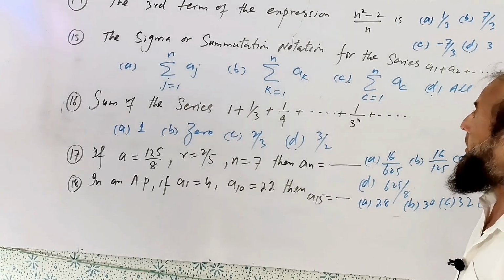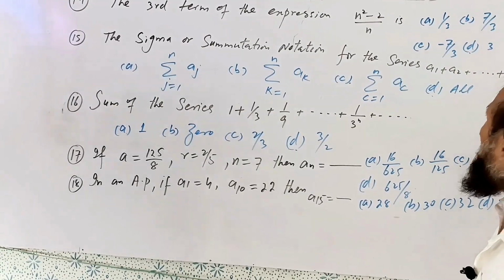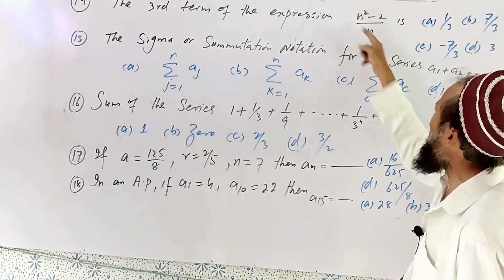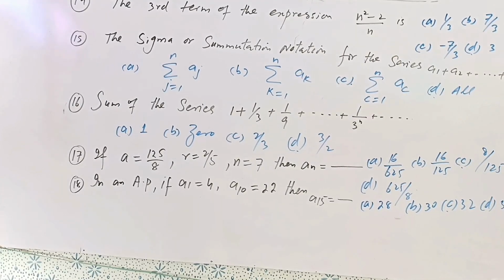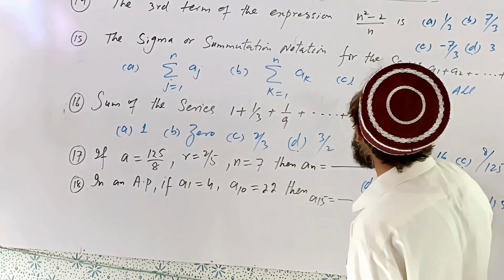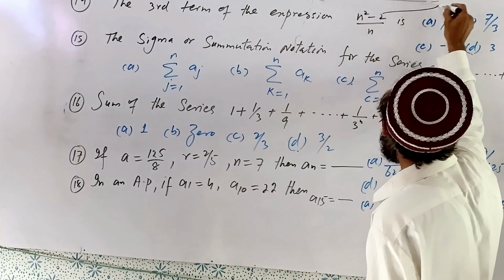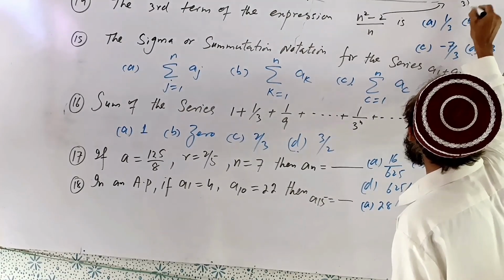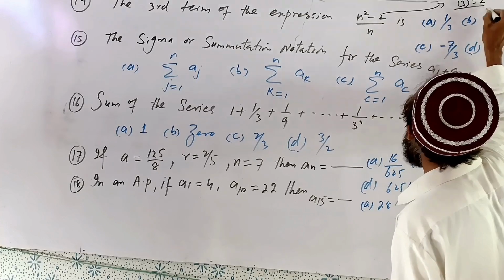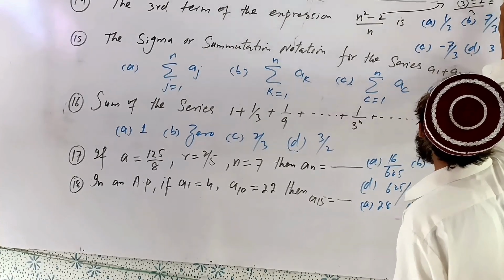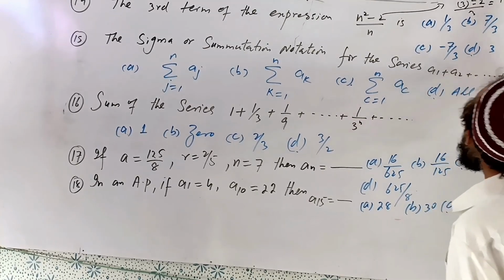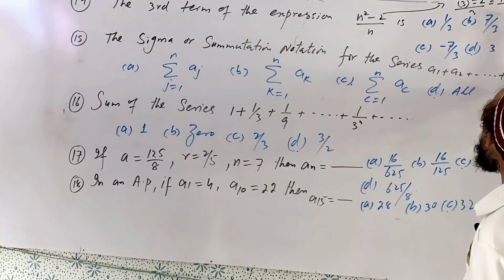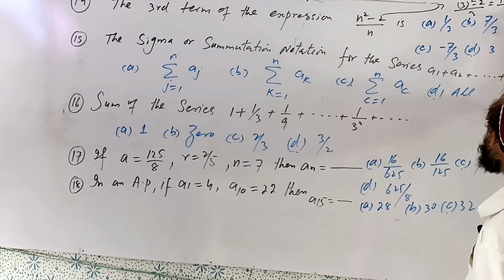Now question number 14. The third term of the expression (n square minus 2) divided by 3 is required. So if we replace n with 3, we will get (3 square minus 2) divided by 3. So we get (9 minus 2) divided by 3, which is 7 divided by 3.